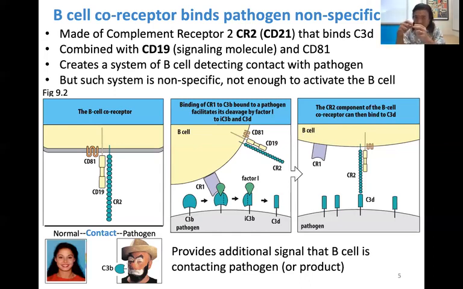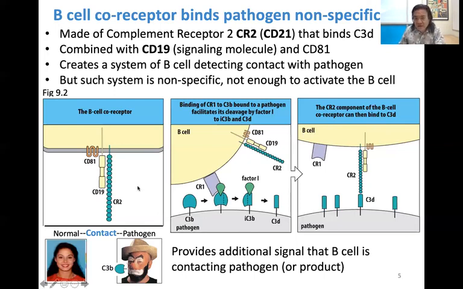Close enough fit, sure, but close enough is not very strong. So there must be other ways that B cells can really hang on and contact something so that its Igs have a chance to detect what this thing is.